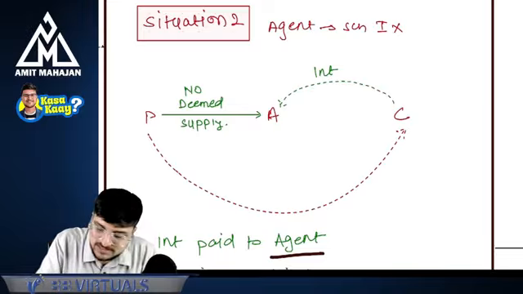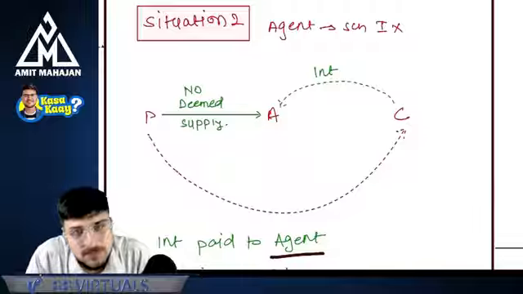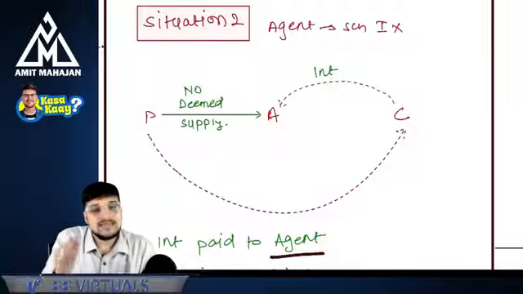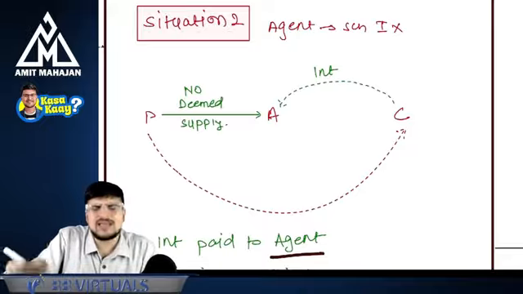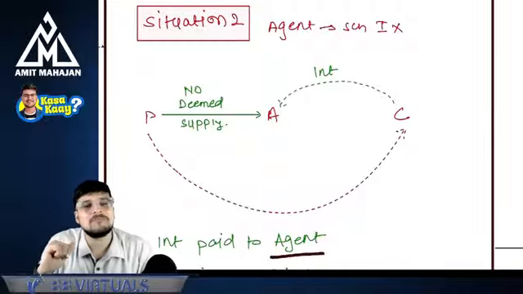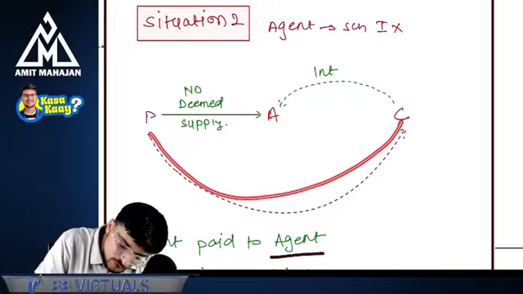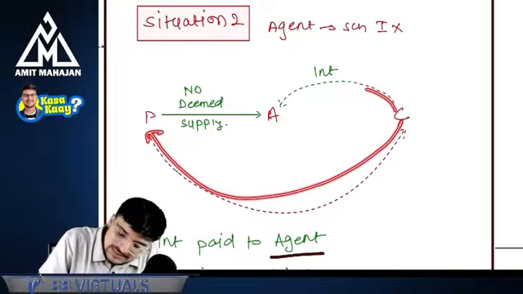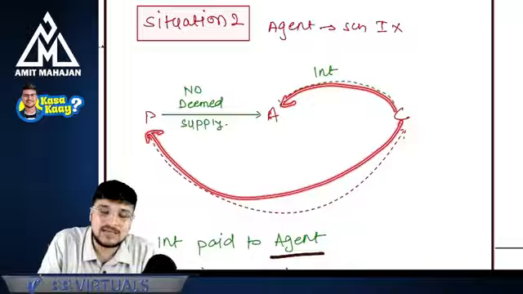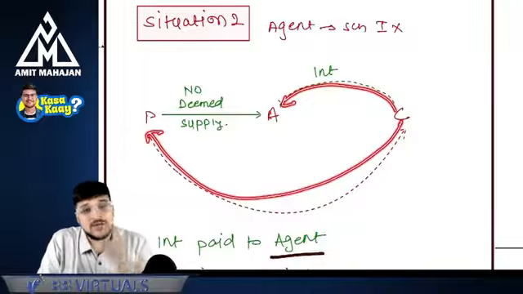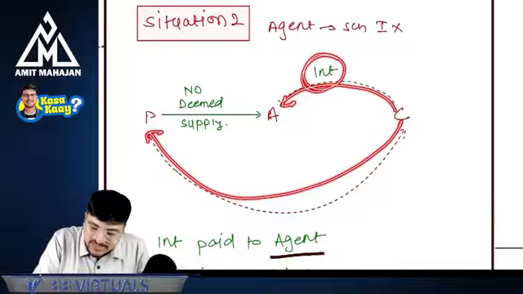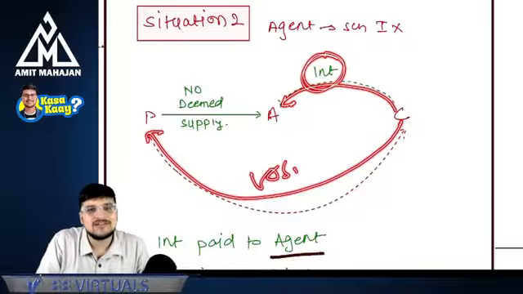Yes. The question is, will this interest be added to value of supply? You tell me one thing. In this case, is the agent raising the invoice in his own name? No. So can I say the payment of value is getting paid to the principal and the payment of interest is getting paid to the agent? So can we add this interest component in value of supply?